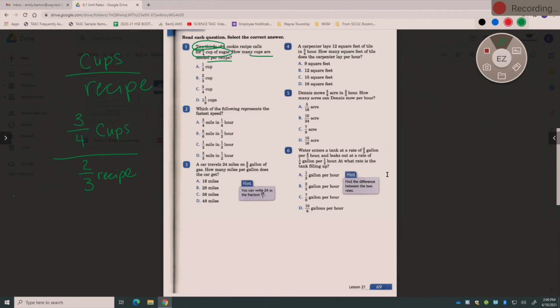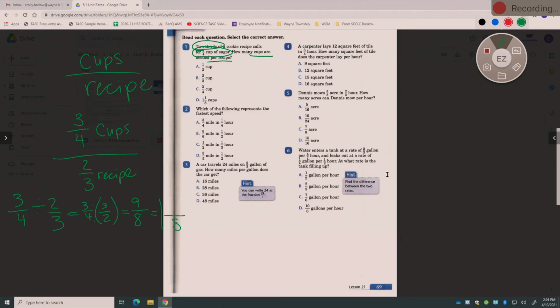So I write it out like this: 3/4 divided by 2/3, but then I can multiply instead of divide. 3/4 times 3/2. And then I just go straight across. 3 times 3 is 9. 4 times 2 is 8. 9/8 is not one of my options, but 8 goes into 9 one time.